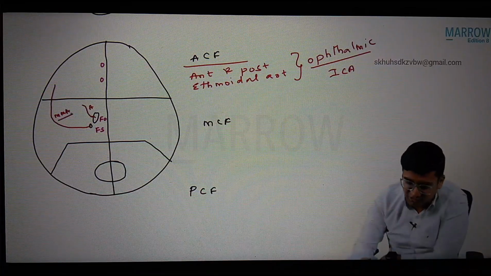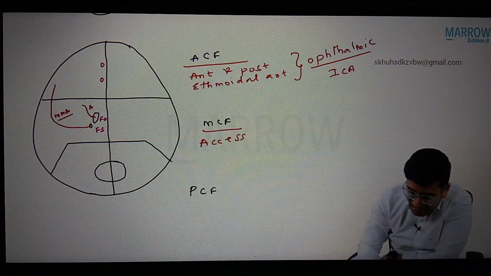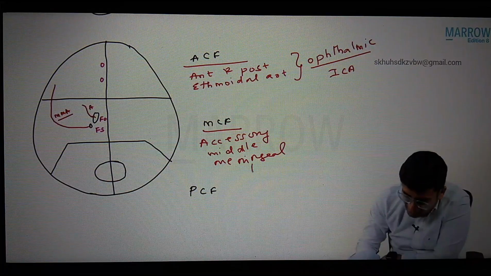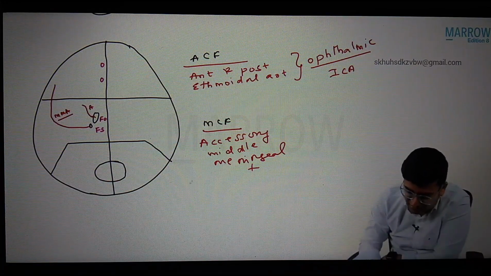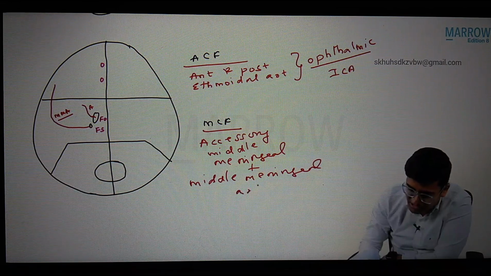So the middle cranial fossa is supplied by the accessory middle meningeal artery and the middle meningeal artery.